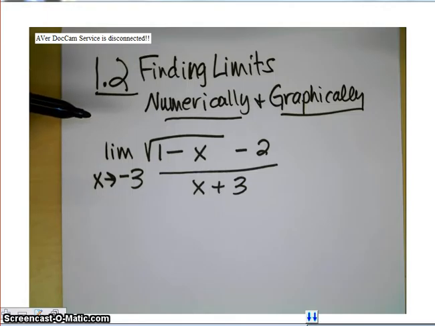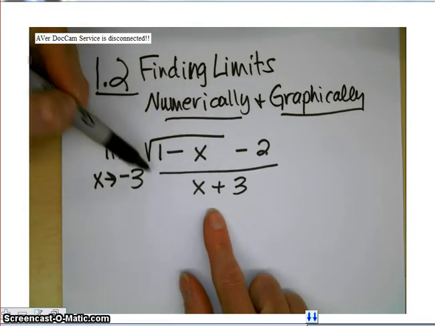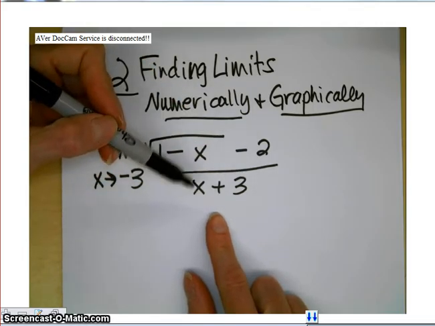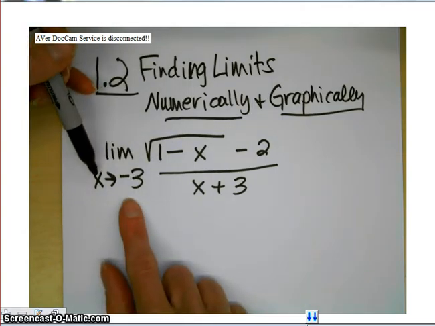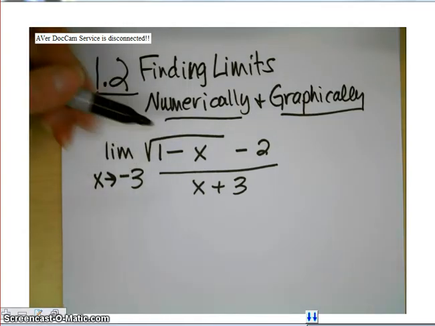Okay, so what we're asking is, what is this function's y value approaching as I put in x values that get closer and closer to -3? So we might want to write that out in words.